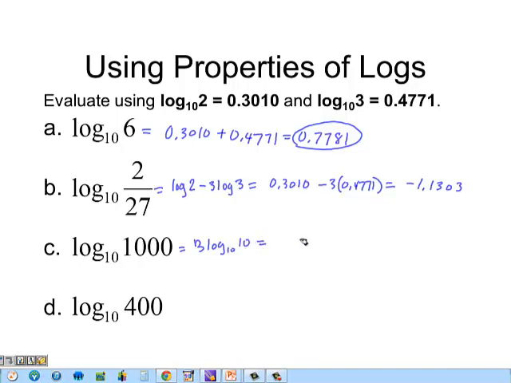And log base 10 of 10 is 1. So this is just 3. And then this was 2 log base 10 of 2 plus 2 log base 10 of 10, which is 2 times 0.3010 plus 2 times 1. So this will give me 2.6020.